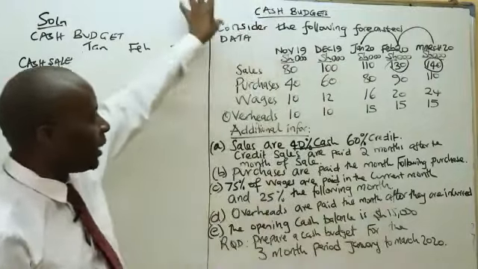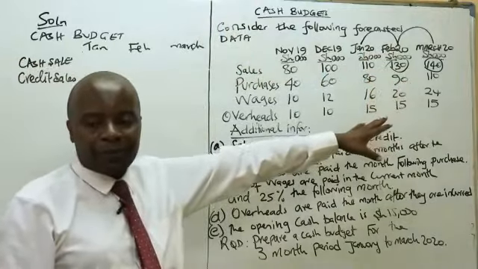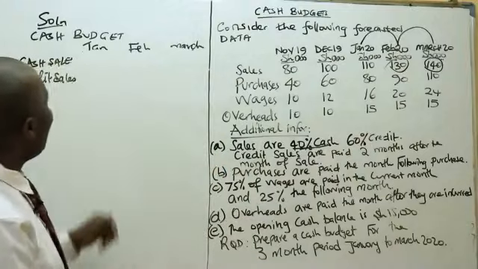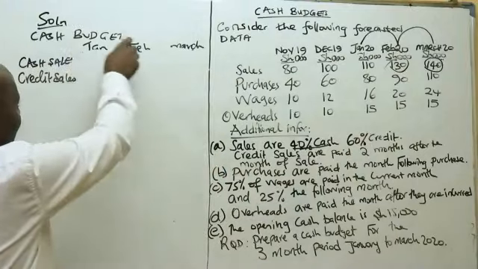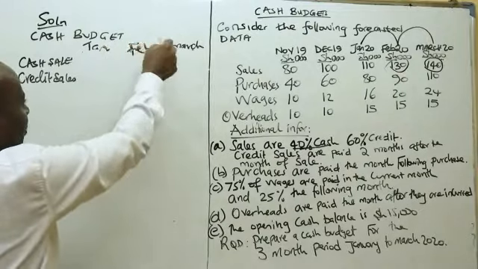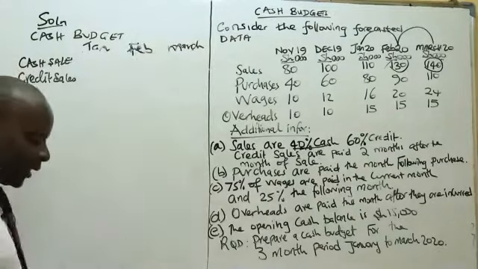They have given us other months there, but our budget should be from January to March. Now listen to me very well. I will come here and I have the solution there, cash budget. I have my 3 months, January, February, and March, like that.